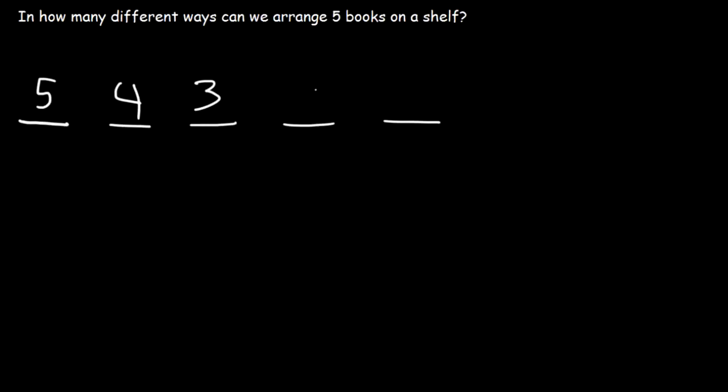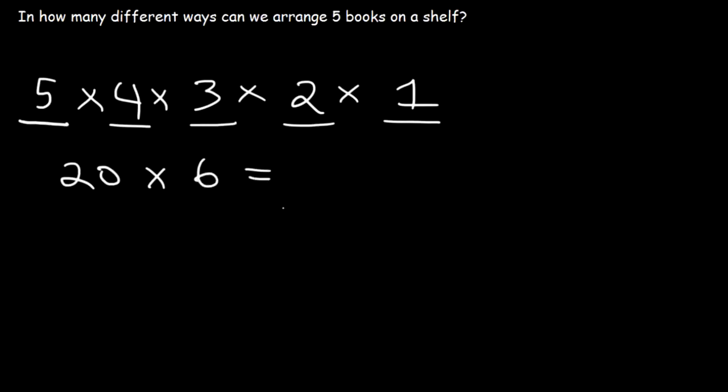Now we have 2 books left over, so we could put any of those 2 in the second to last position. And in the last position, we can only put the last book there. So it's going to be 5 times 4 times 3 times 2 times 1. And that's another way in which you could solve these problems. 5 times 4 is 20. 3 times 2 is 6. 2 times 6 is 12, 20 times 6 is 120.